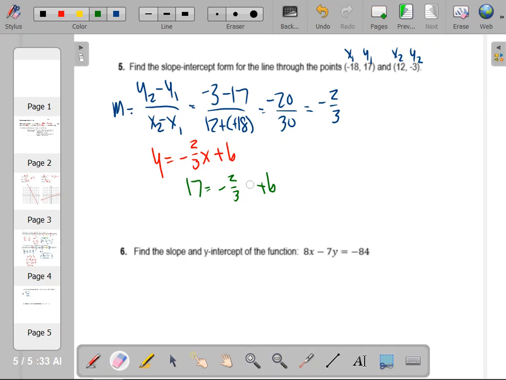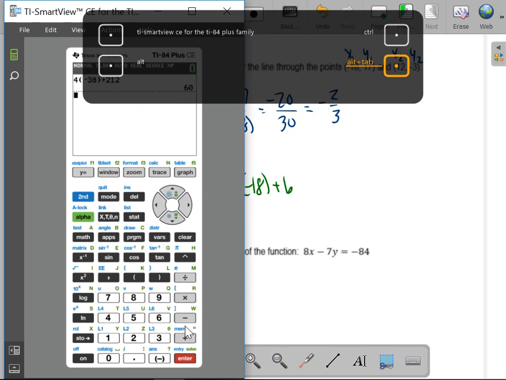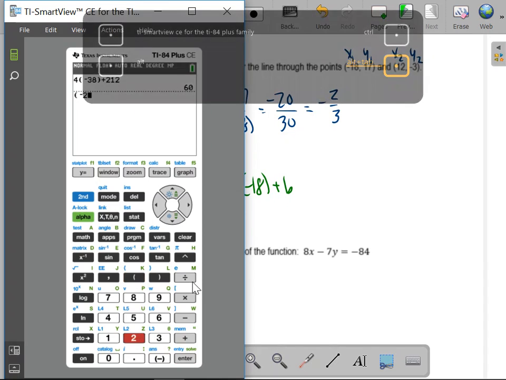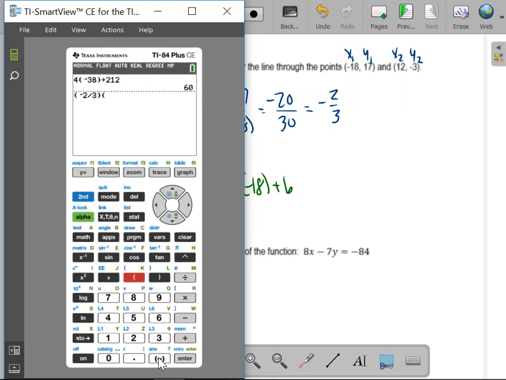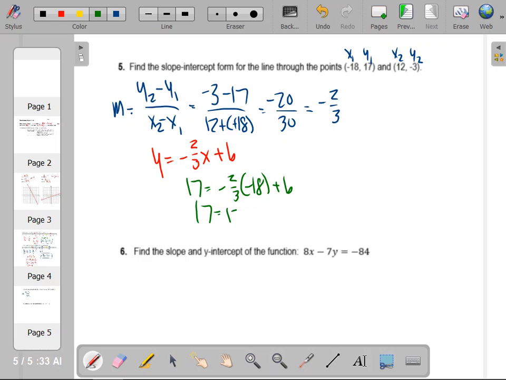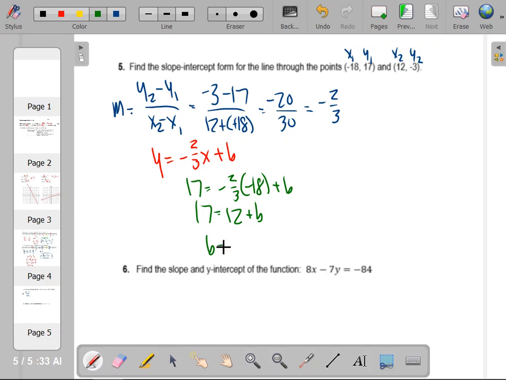I'm sorry. X is negative 18 plus b. So now, if I do negative 2/3 of negative 18, which I can do very quickly, I'll use my calculator to make sure, it should be 12. 12. So 17 equals 12 plus b, and if you subtract 12 on both sides, you get b equals 5. So my equation is y equals negative 2/3 x plus 5.